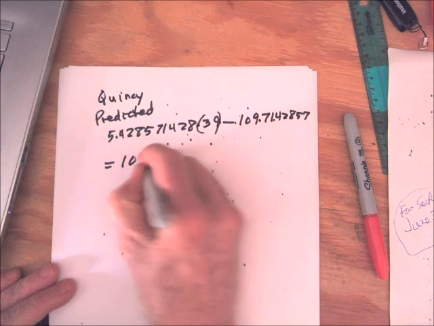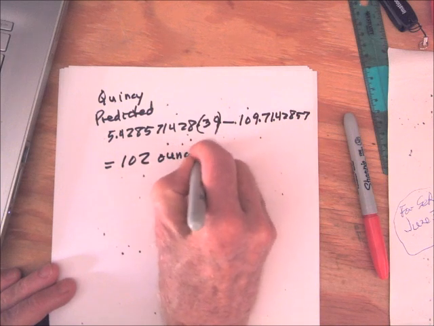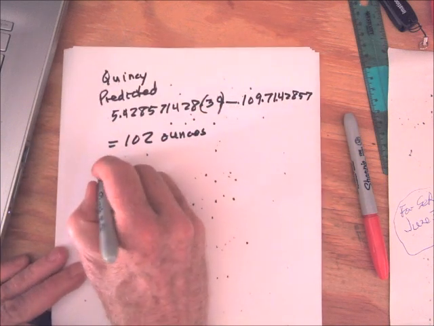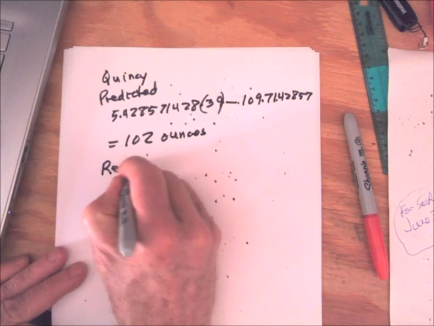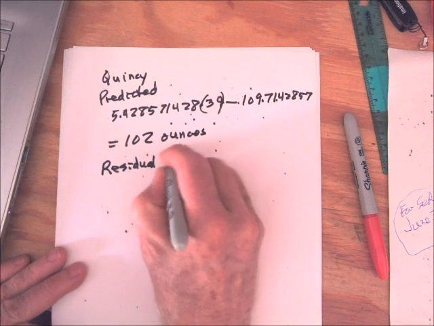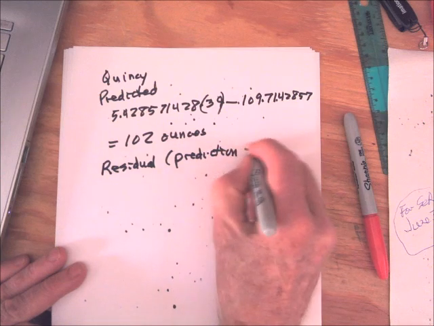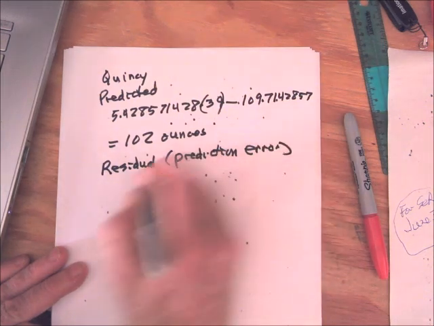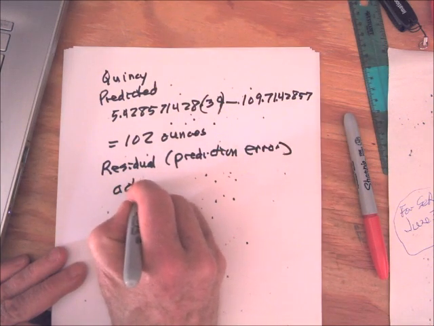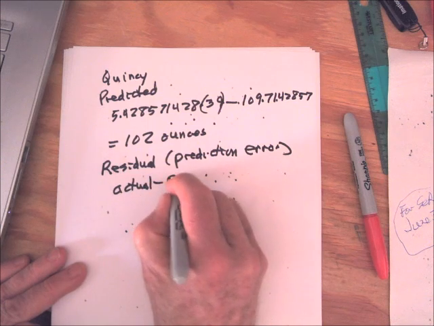So Quincy's predicted birth weight is 102 ounces, and the residual, the prediction error, is the actual minus the predicted.